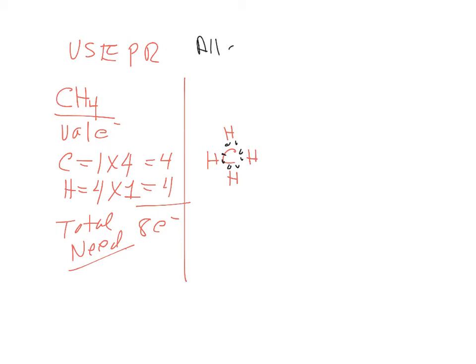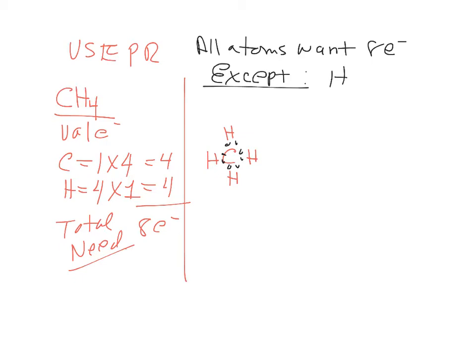So all atoms want 8 electrons except, and you have to know these exceptions, hydrogen, which wants 2, and boron and aluminum, which want 6. Remember, the way we remember this one is drop the ball. That means drop boron and aluminum from the list that needs 8 electrons.